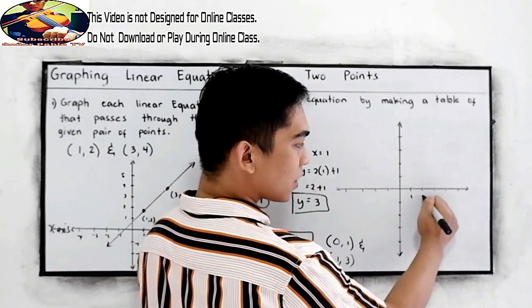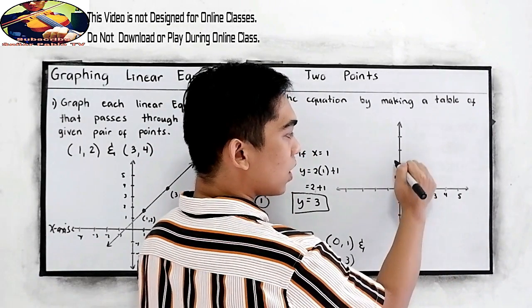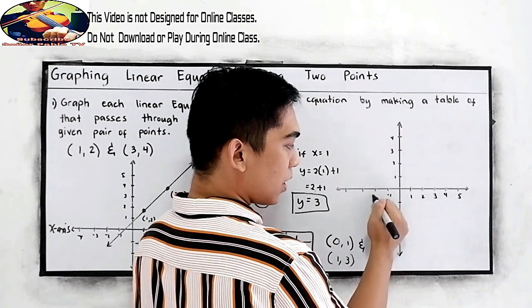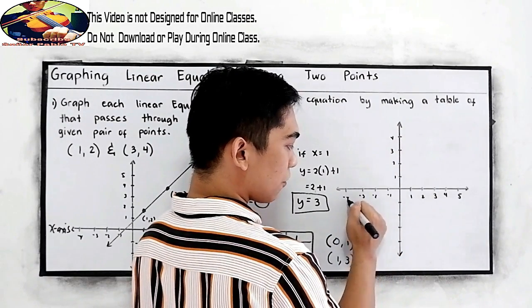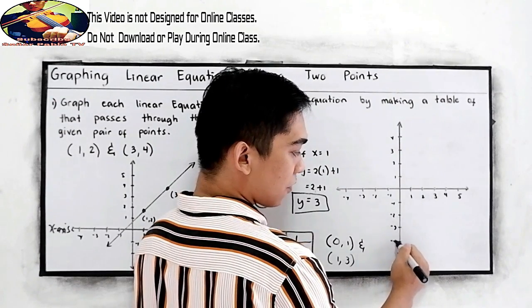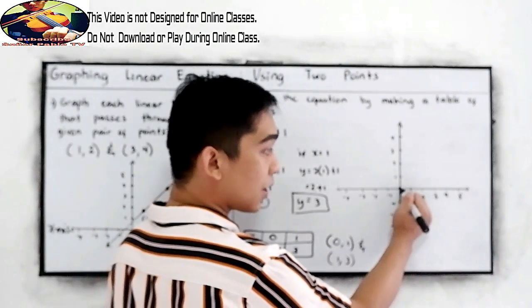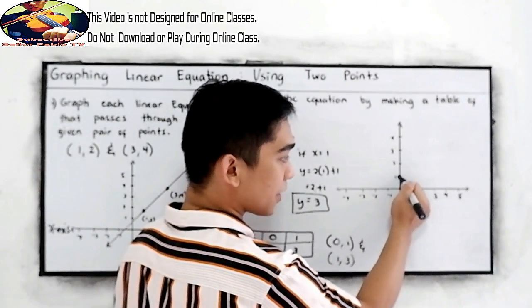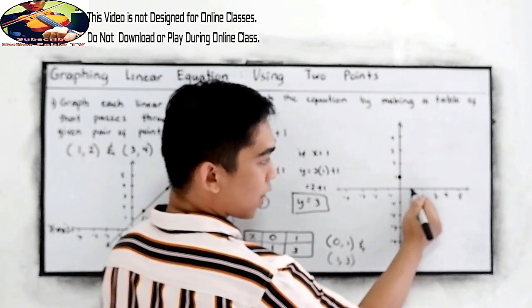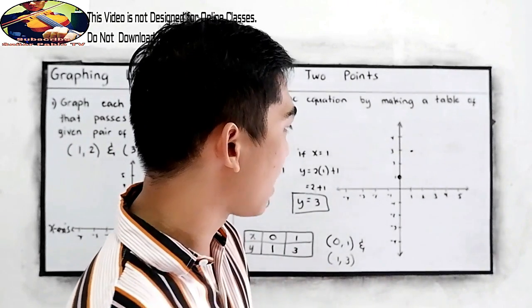So 1, 2, 3, 4, 5, and -1, -2, -3, -4. Then 0, 1. So 0, then 1. Then 1, 3. That will be our points.